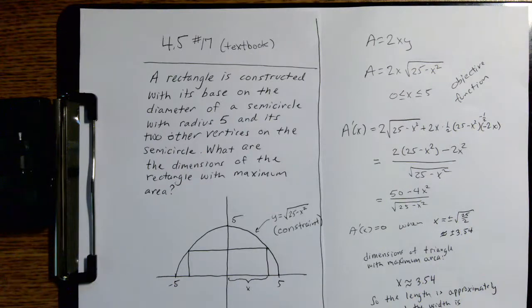So anytime you look at an optimization problem, it will, in one way or another, ask you something about the maximum something or the minimum something. Usually it's geometric in nature, and in such cases, you're trying to find the best shape to maximize area or minimize volume or whatever the case may be.